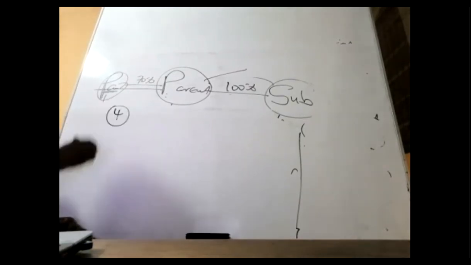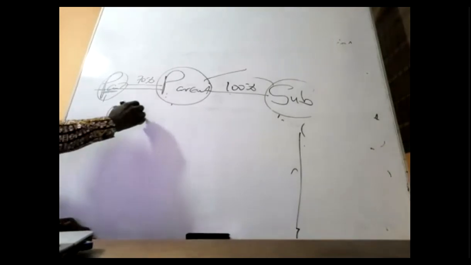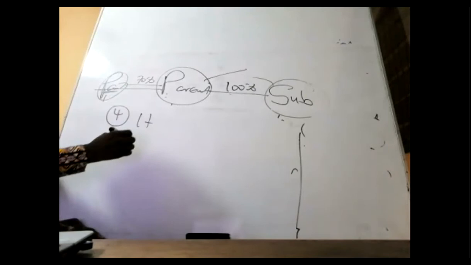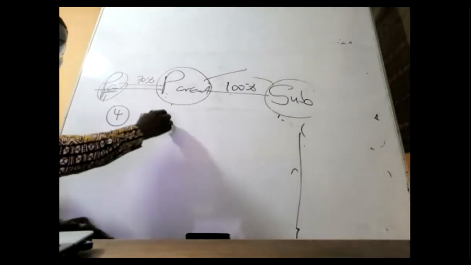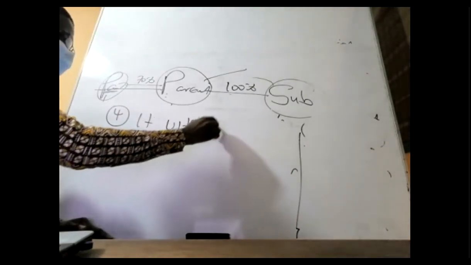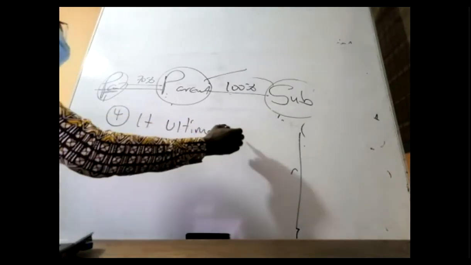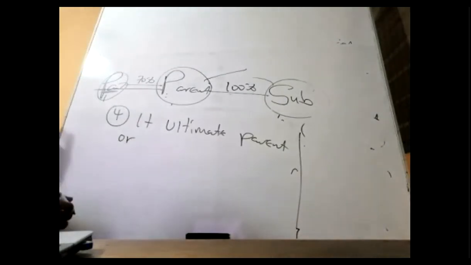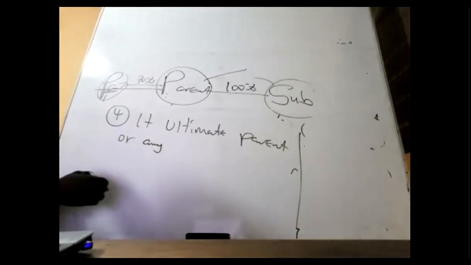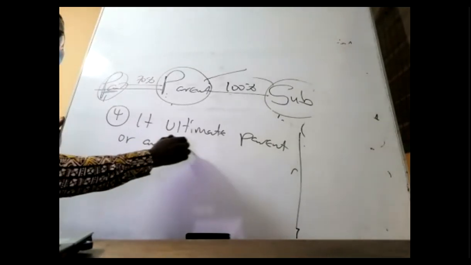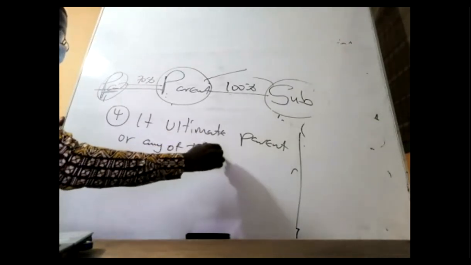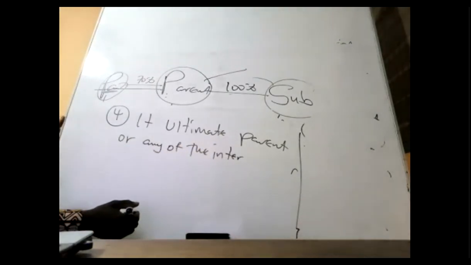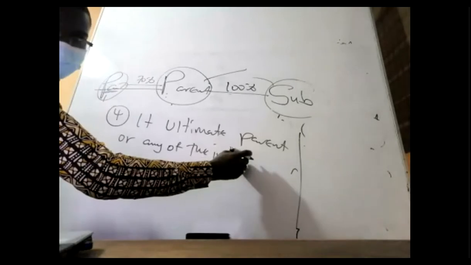Point number 4. We are saying that if it's the ultimate parent, or any of the intermediate parent, what's the difference between intermediate parent and ultimate parent?